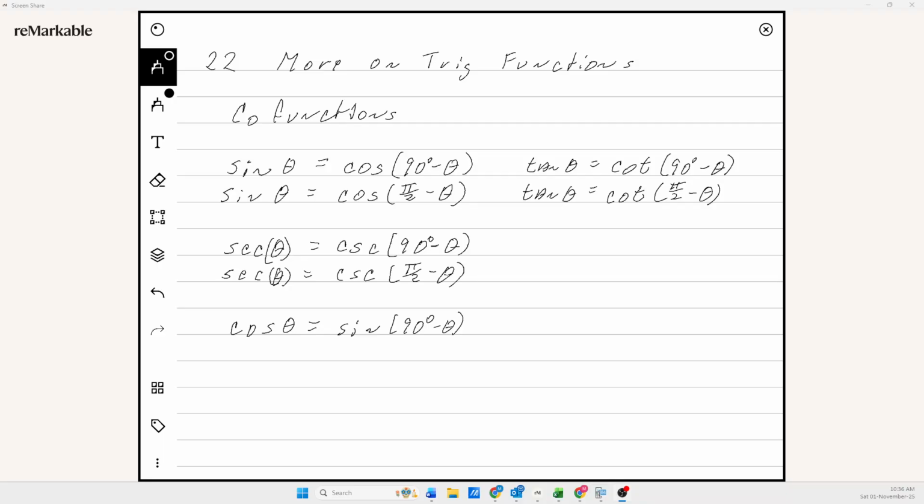Suppose I have the sine of pi over 6. Well, the sine of pi over 6 is 1/2. We know that.